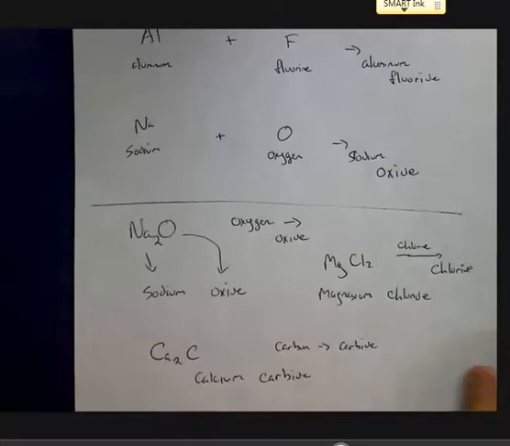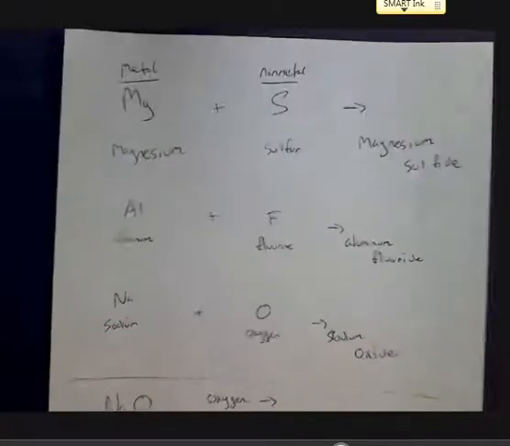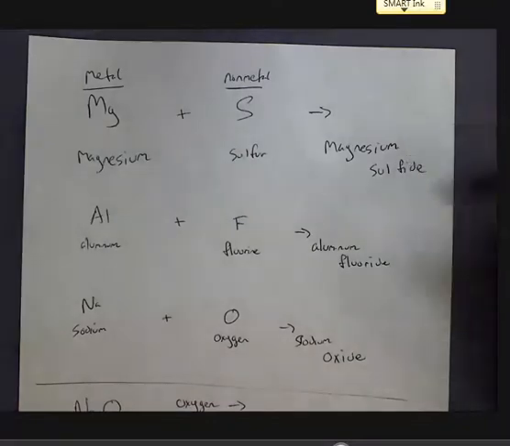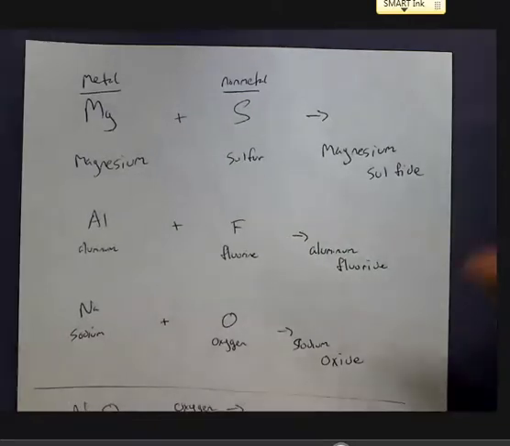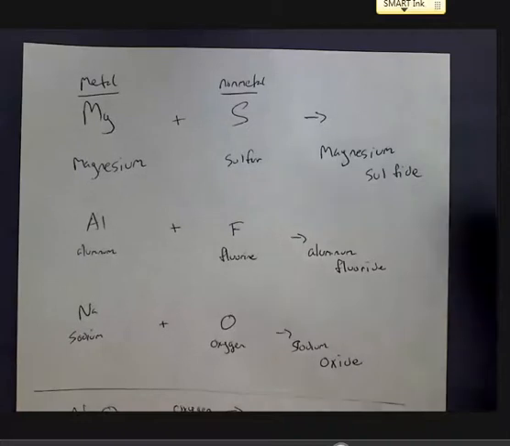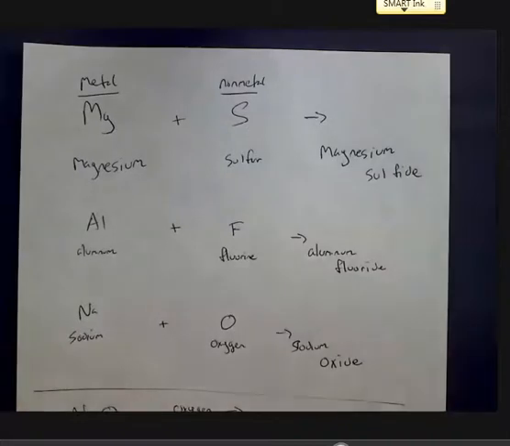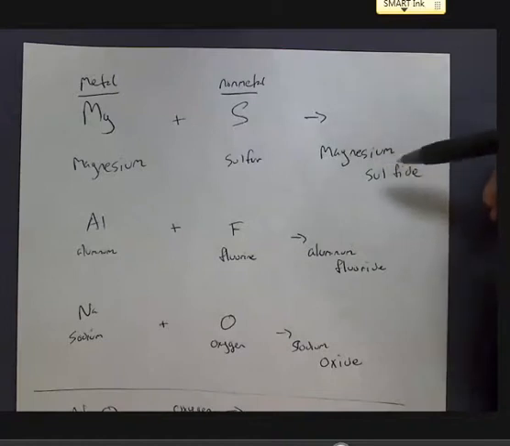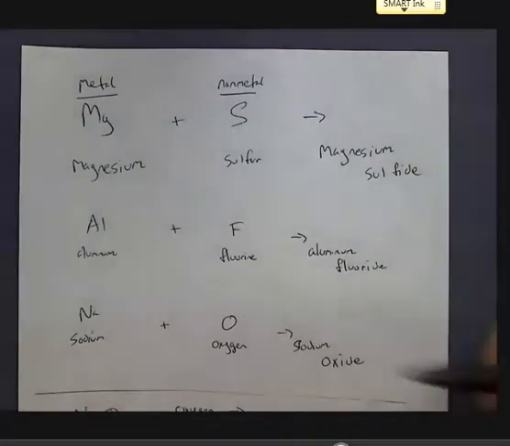Now, let's go ahead back to these guys up top. We not only need to know what their names are, but we need to know their formulas as well. We're going to talk a little bit more in depth as a way to do this a little bit easier. But let's see if we can figure out how to write these guys' formulas.